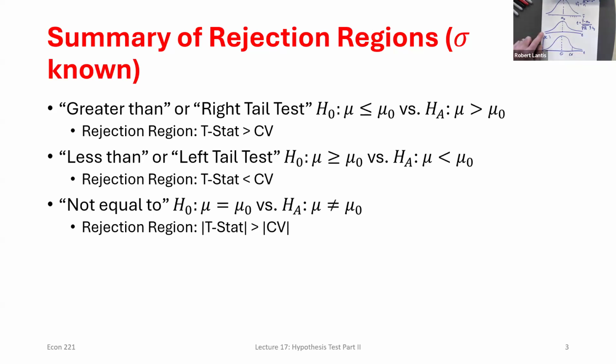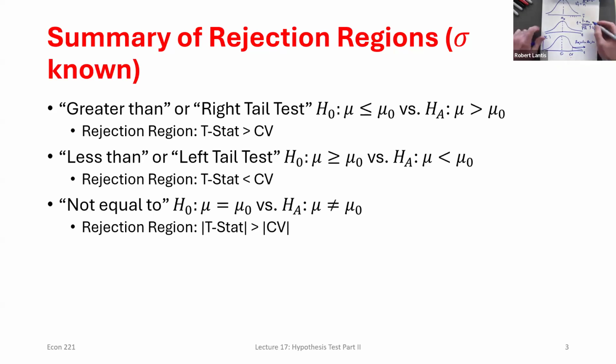So there is going to be some critical value, right, that we're going to say, look, if I see anything that's more standard deviations away from what I assume to be true than this number, we're going to call this our rejection region.